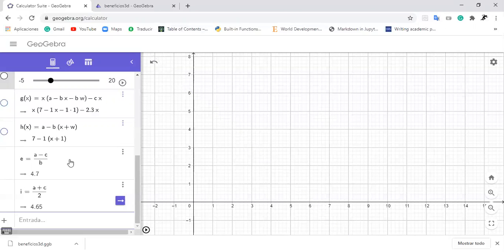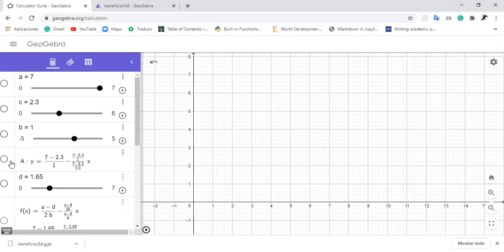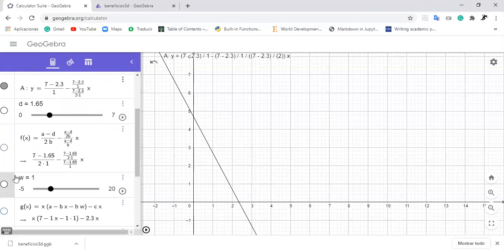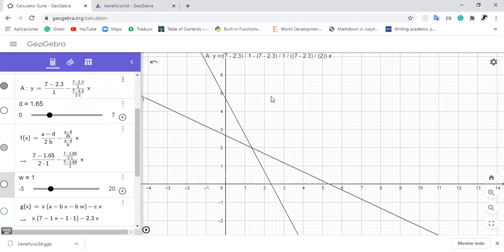Okay, so now let me show you these two other curves. So these are the reaction functions. So we have one reaction function by each firm. For example, this curve, this line, is the reaction function for firm number 1, firm 1, and this other line is the reaction function for the firm number 2, the second firm, okay?